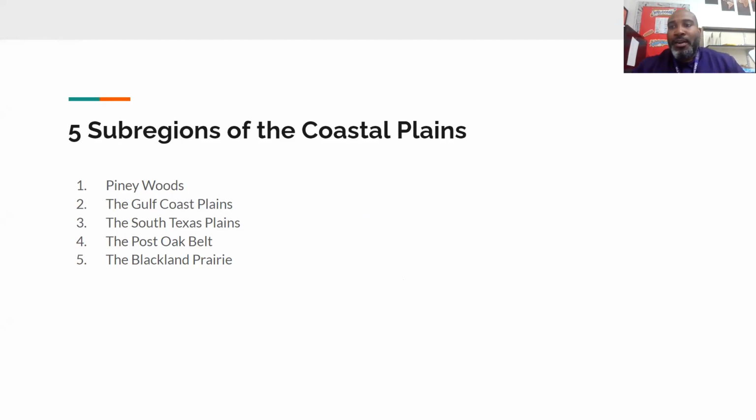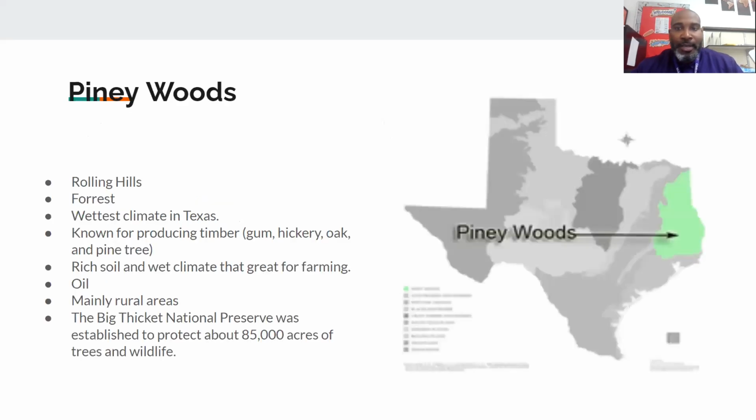The bigger, broader region is the coastal plains, and 1 through 5 are the subregions. So we have the Piney Woods, the Gulf Coast Plains, the South Texas Plains, the Post Oak Belt, and the Blackland Prairie.